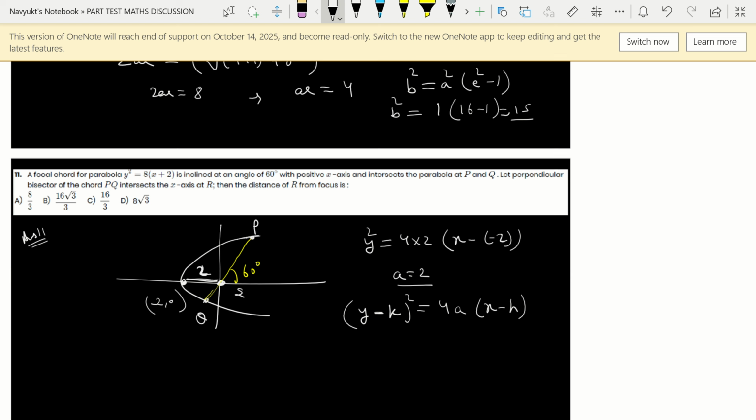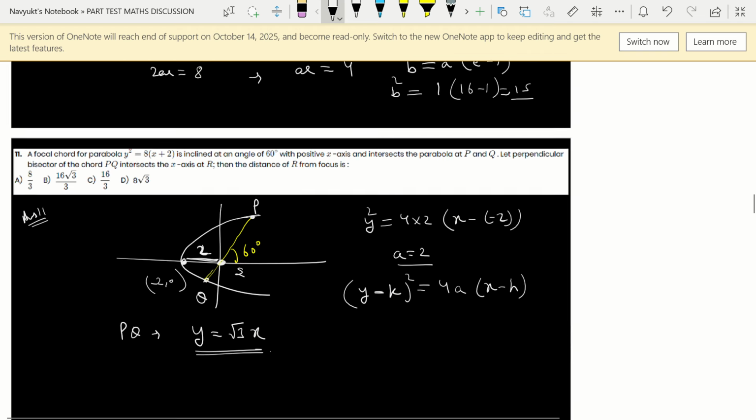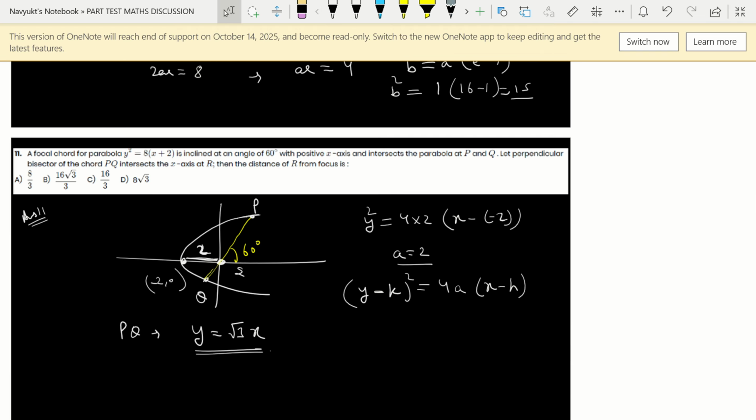So what we would be doing is first write the equation of this PQ line. Tan 60 would be root 3. So it is simple, y equals mx, so y equals root 3 x. What next? Its perpendicular bisector. Somewhere here, let's say we have its perpendicular bisector, a line like this. Clear?